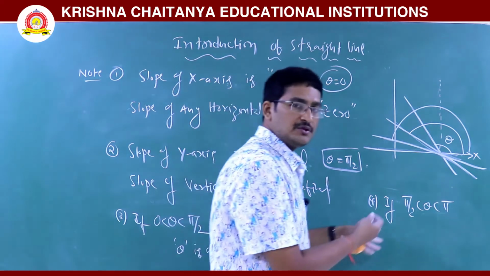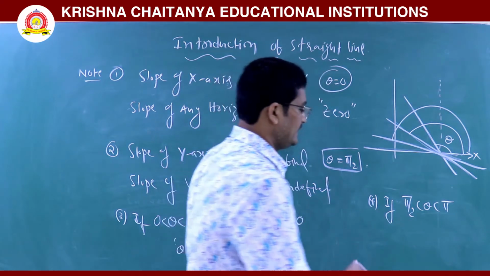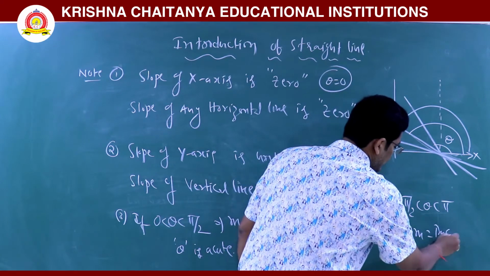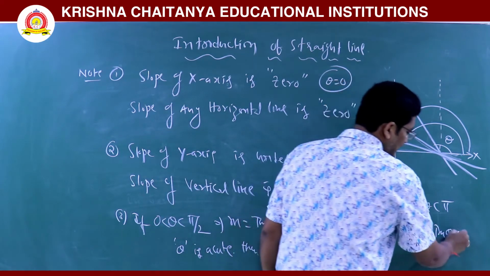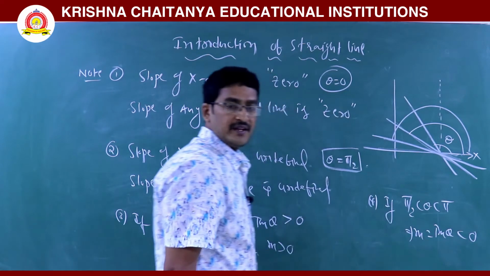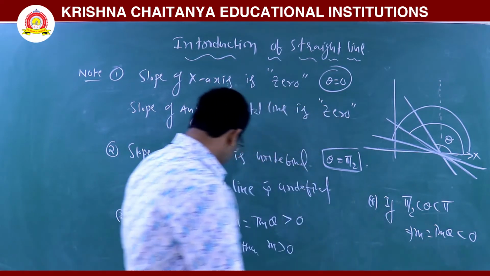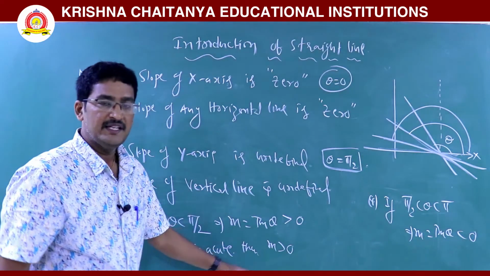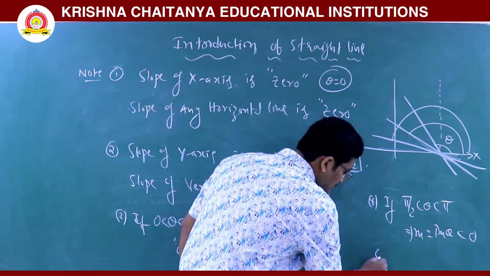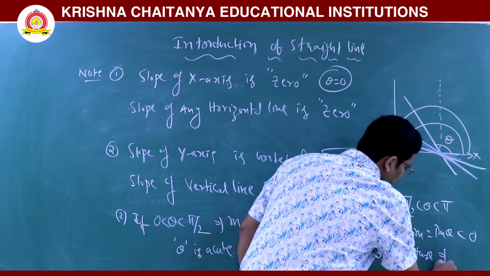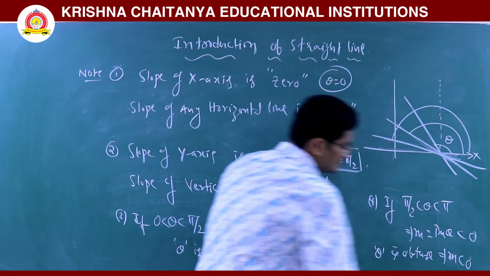If theta is obtuse, then m equals tan theta, which in the second quadrant is negative. So if theta is acute, m is positive. If theta is obtuse, this implies m is negative.